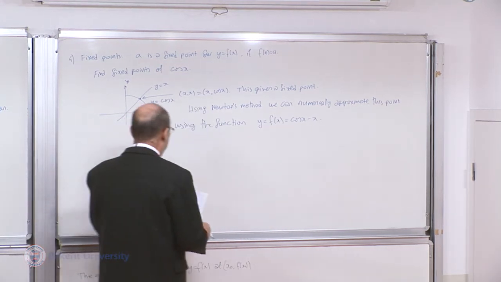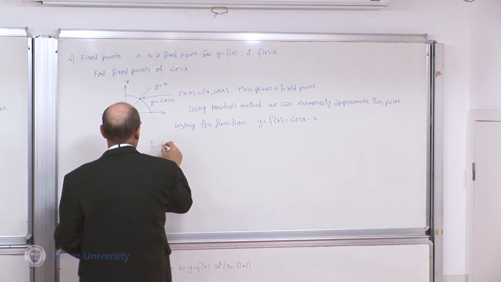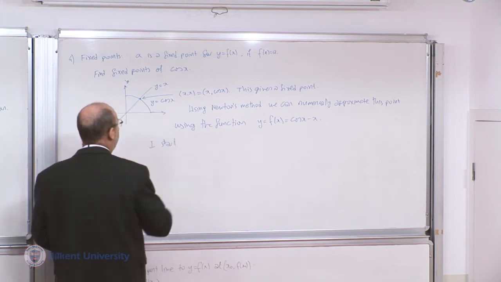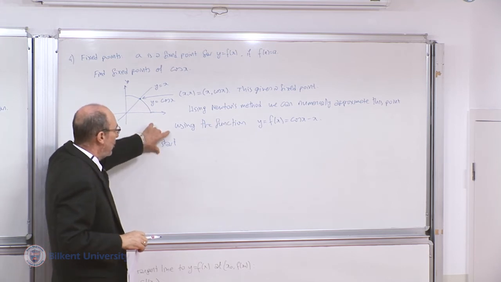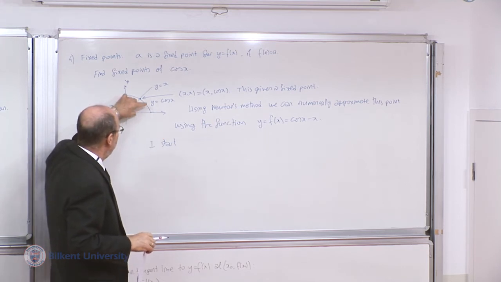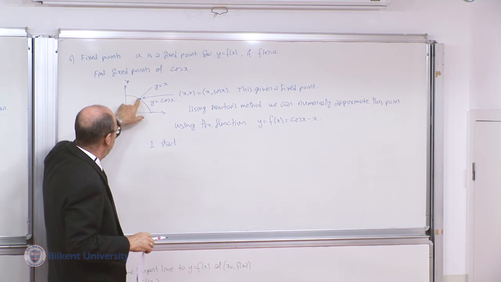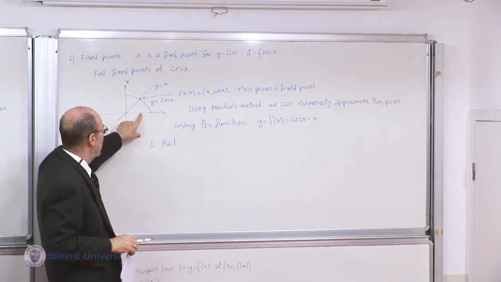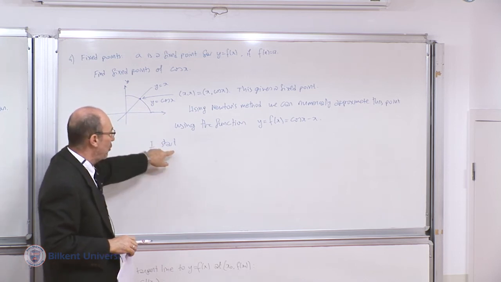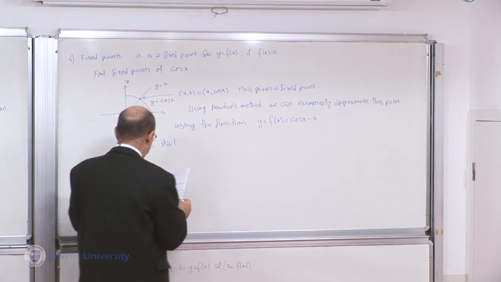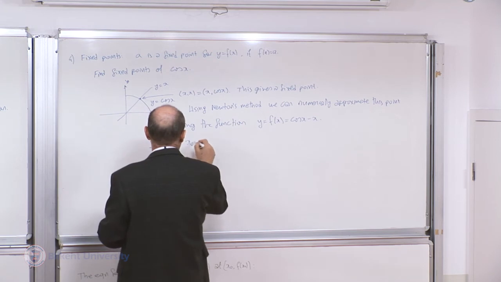Okay? So again, I start with, here I write I start because you can start at some other point. A healthy choice would be to plot this and make it larger and larger, and then on the screen you get an approximate value for this point. You start with that point. So I started with x sub 0 equals 0.1.